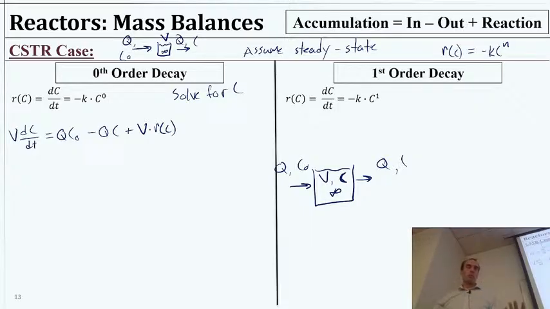So it's 0th order, so this is C to the 0. That means this is essentially minus K. So when we rewrite this, we'll say this is equal to QC naught minus QC plus a negative V times K. C to the 0 power is 1, so I'm just going to write it as 1.